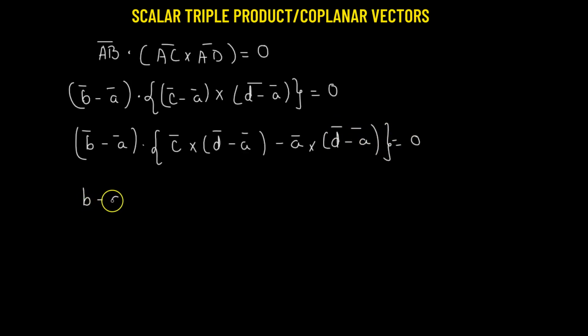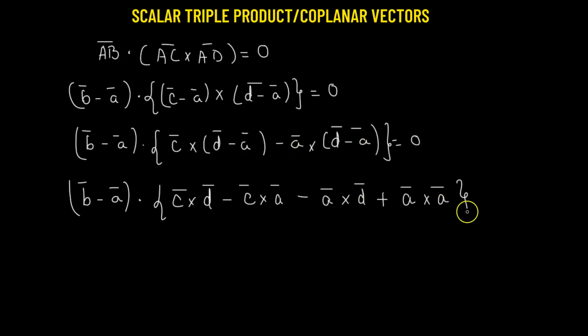So we have B minus A dotted with, then we will distribute C with D minus A, minus, now we distribute A vector with D minus A. So this equals 0. Now A vector cross A vector, by definition, goes to 0 because both of them are parallel, and when 2 vectors are parallel, the cross product is 0.